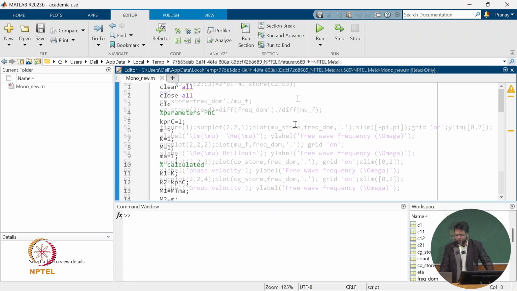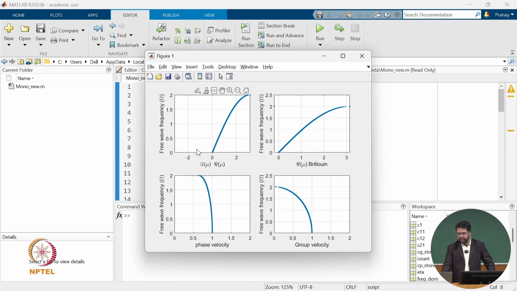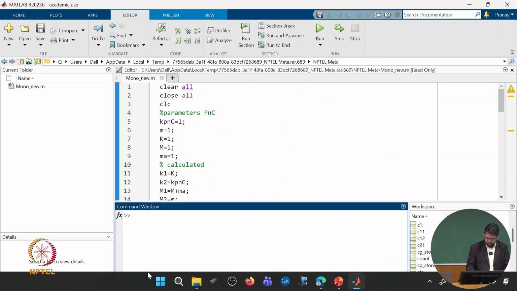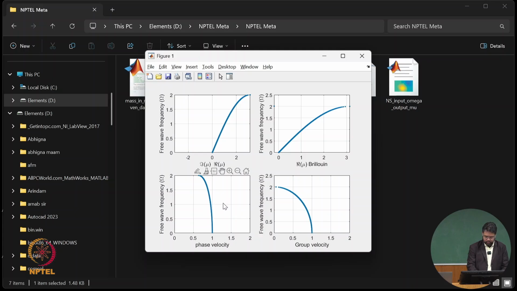Now we can run that program, and you can see that we will get the graph. You can see in this graph that this line is my 0 line.